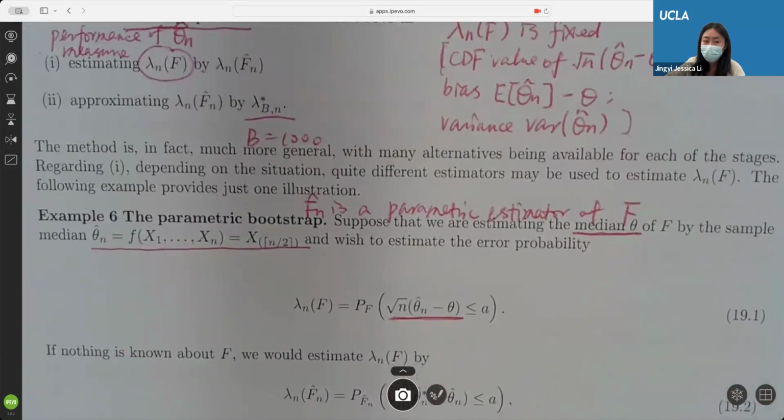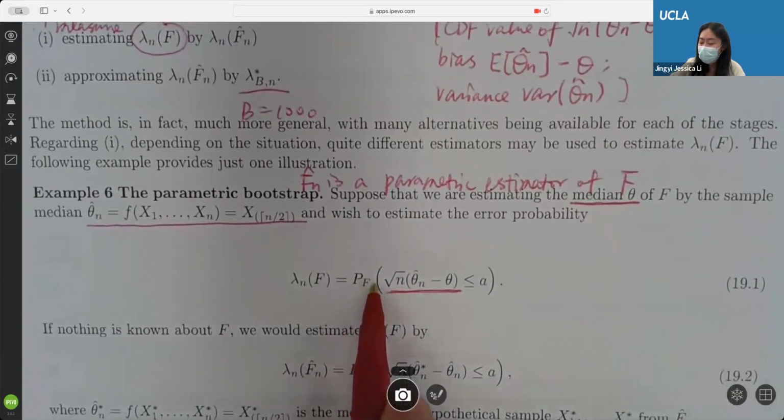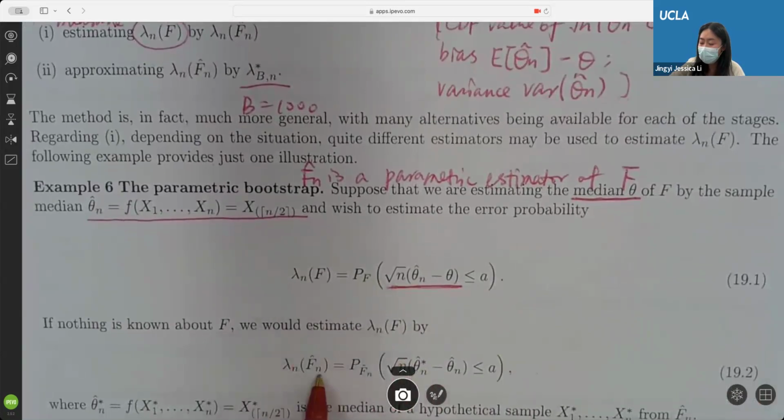Okay, so if nothing is known about F, which is required to calculate this probability, we could do the plug-in. That is, F becomes F hat n, theta hat n becomes theta hat n star, based on the hypothetical sample, and theta becomes theta hat n. Theta is the true distribution's median. Theta hat n is the sample's median.